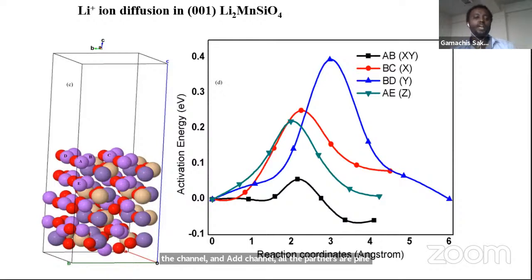Look, all the calculated energy barriers are less than 0.4. So our system now becomes an ionic and electronic conductor.